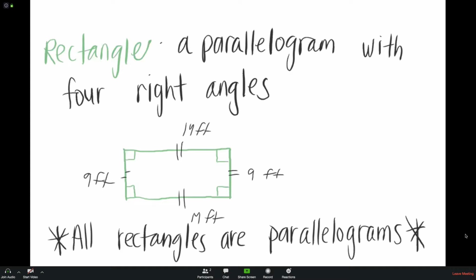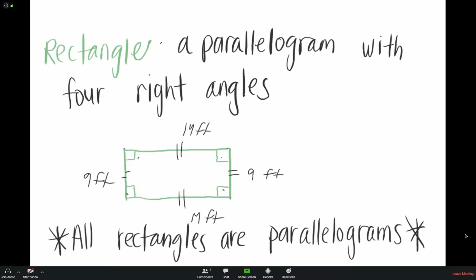Okay, so they will also be part of the rectangle. But what makes a rectangle special or different than a parallelogram is the fact that it has 4 right angles. Okay, that means that when these line segments touch, this makes 4 90-degree angles. So all of these are going to be 90 degrees. Okay, that's a very specific part about the rectangle.